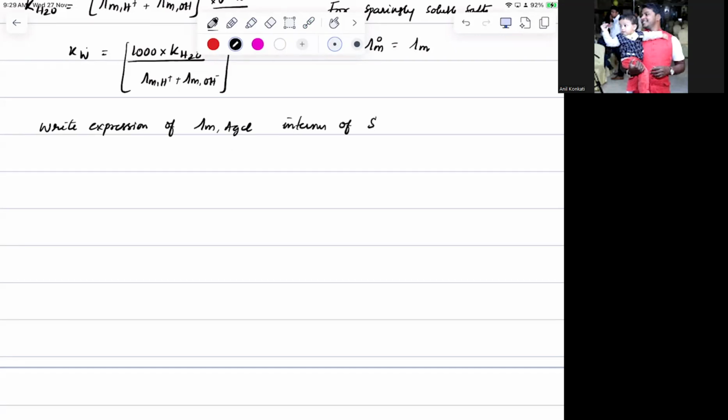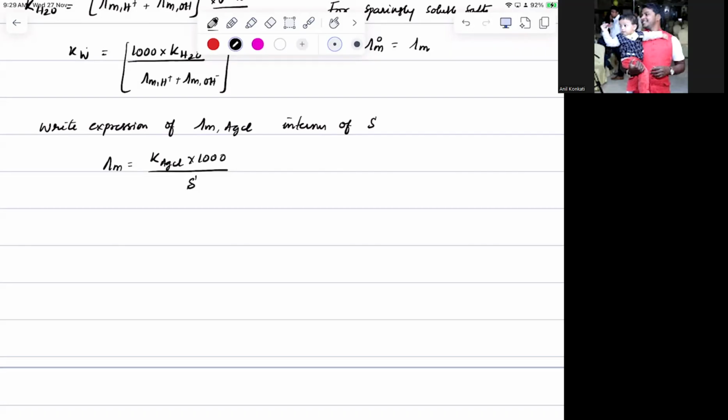For example, if I ask you, write the expression of lambda m of AgCl in terms of solubility S. The answer is very simple. Here, lambda m will be equal to kappa of AgCl into 1000 divided by molarity, right? Molarity is nothing but concentration S.